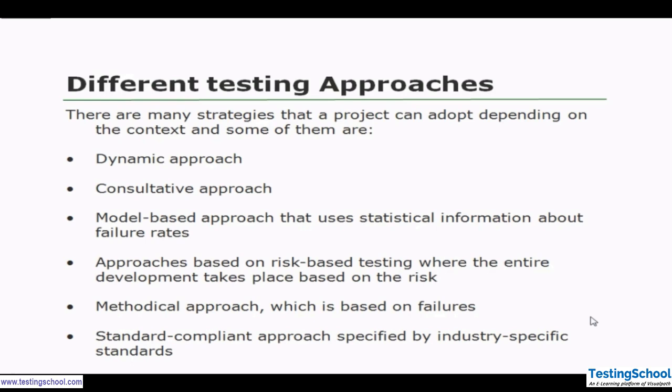Then we have the risk based testing approach, where the testing tasks are based on risk, like if our test cases fail or a feature goes down. So we take the approach of risk based testing.